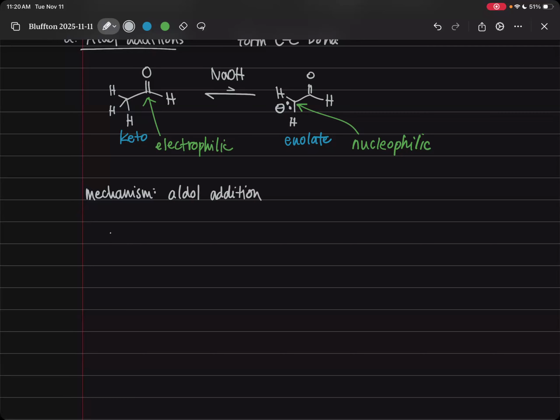Okay. Well, we start with, I'm actually going to draw our aldehyde backwards because we're going to deprotonate it. All right, so we have an alpha hydrogen there that can be deprotonated.